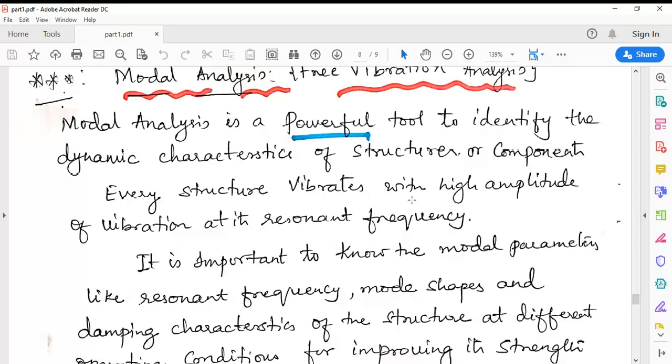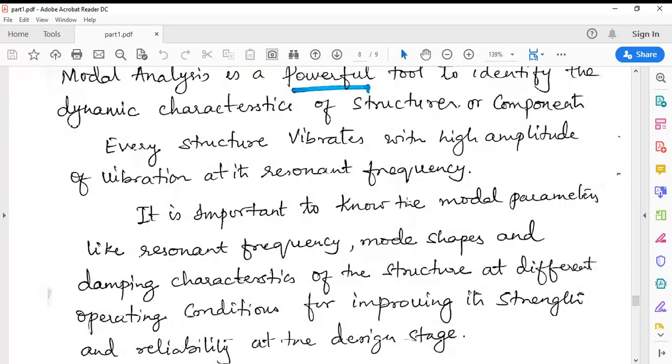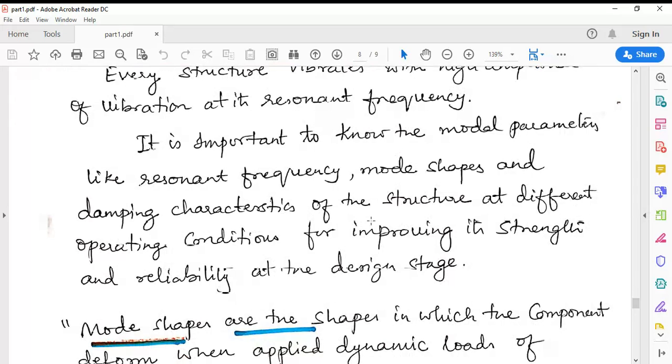Whenever the natural frequency coincides with the excitation frequency, there is a very high amplitude of vibration. We call it resonance. It is important to know the modal parameters like resonant frequency, mode shapes, and damping characteristics of the structure at different operating conditions for improving its strength and reliability at the design stage.